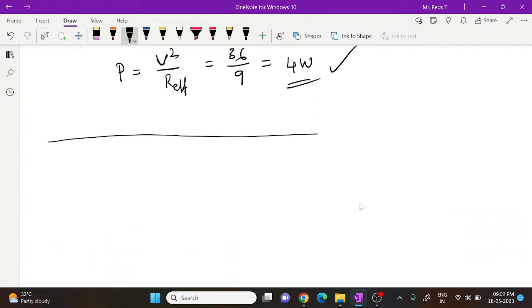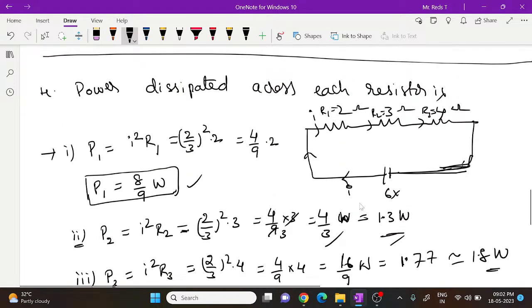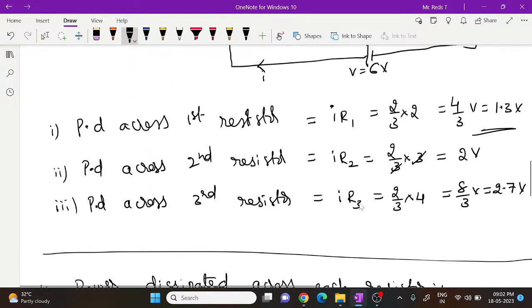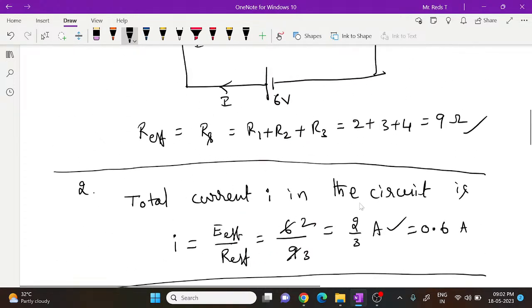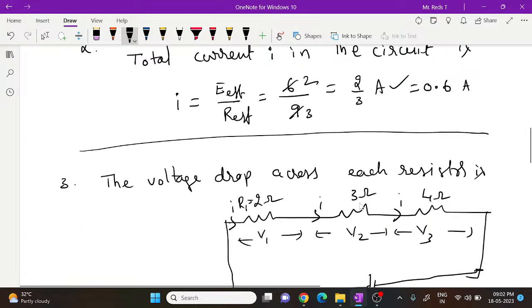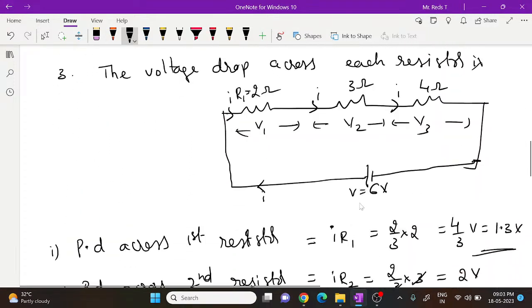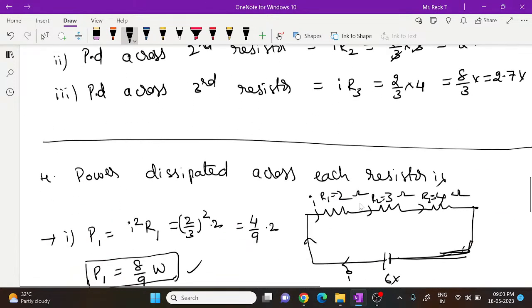Go back, pause the video, write down each point and practice on your own. How to find the resistance in series combination, how to find the current, how to find potential differences across each resistor, and especially the power dissipated part.